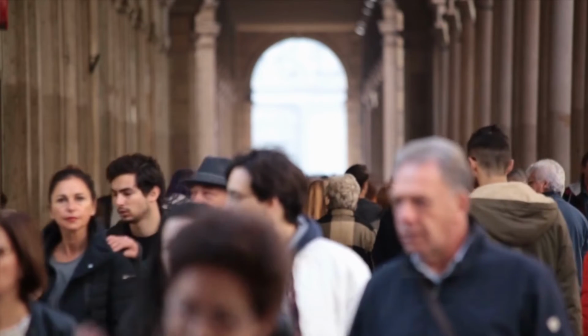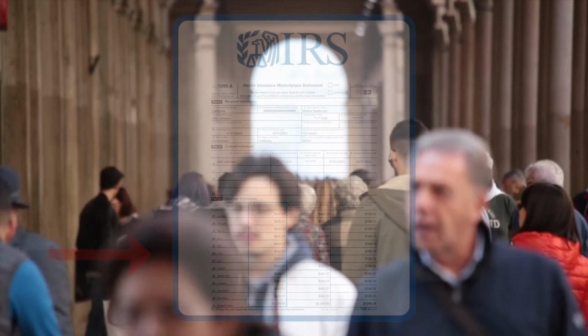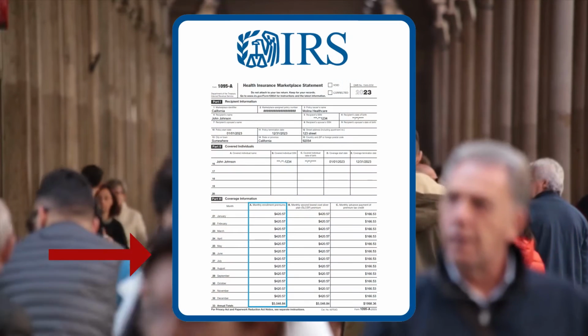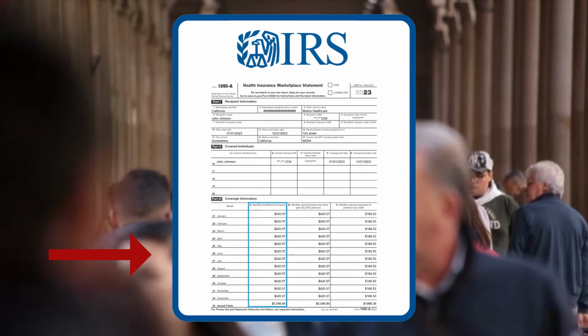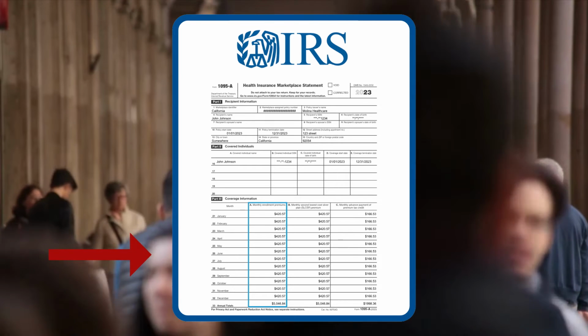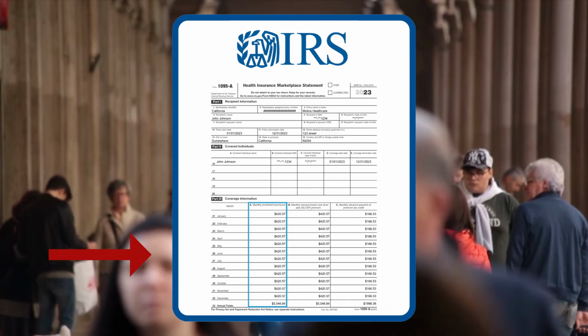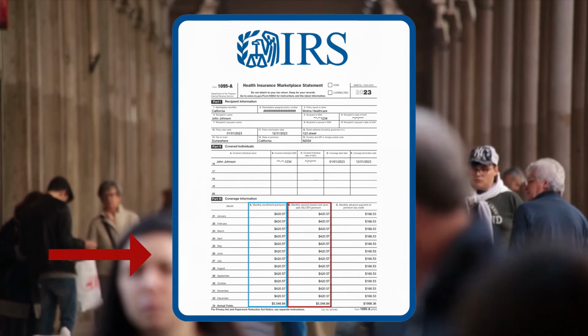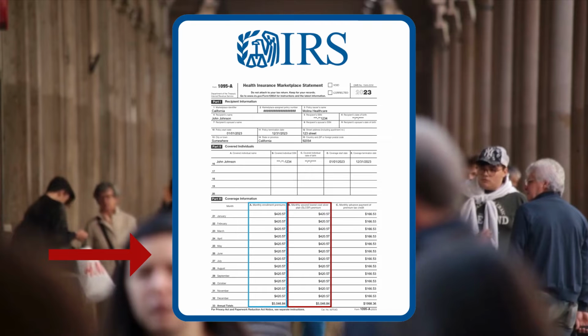So back to the 1095-A form, in Part 3, you can see that the first column has the months of the year. Then column A indicates the full unsubsidized premium for the insurance plan, whichever plan someone chose, so before APTC was applied. In the column next to it, column B, it shows how much the second lowest cost silver plan, the SLCSP, cost.